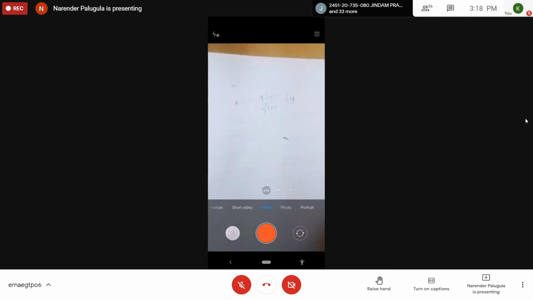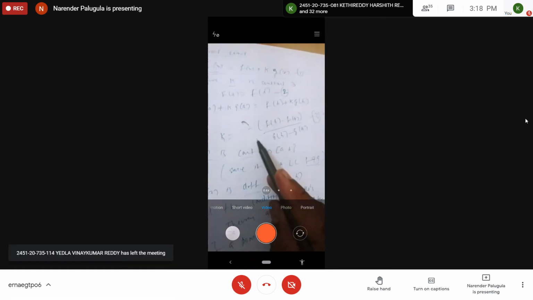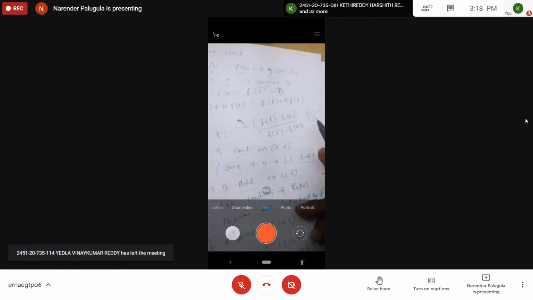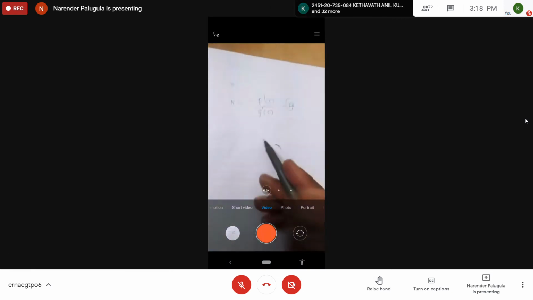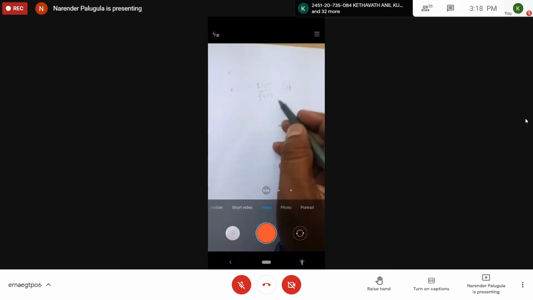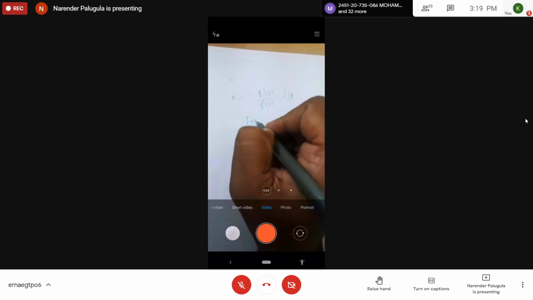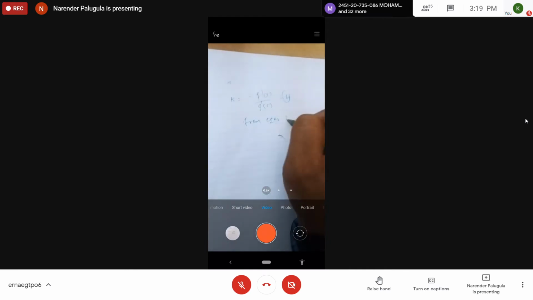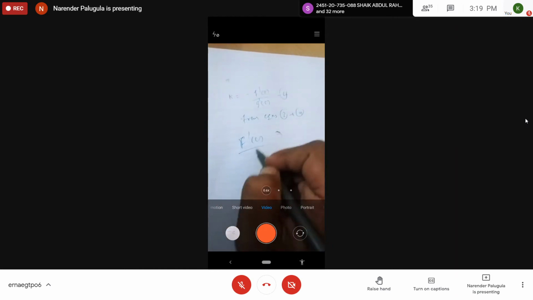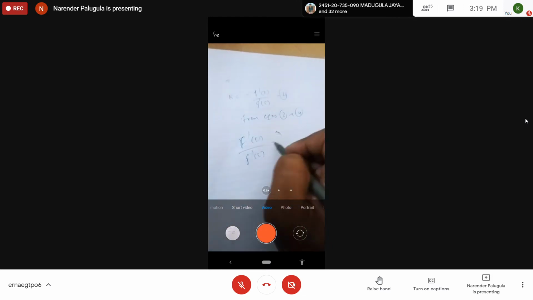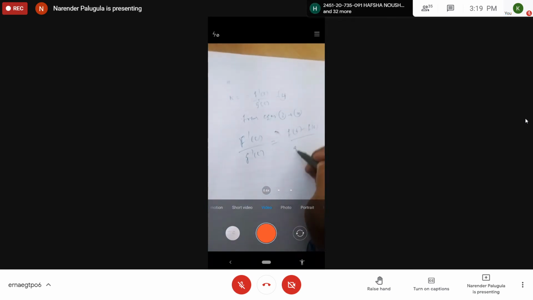Now equation 3 states that k is equal to minus of f of b minus f of a by g of b minus g of a. Equating the right-hand sides of equations 3 and 4, we can write f dash c by g dash c is equal to f of b minus f of a by g of b minus g of a. Hence the theorem is proved.